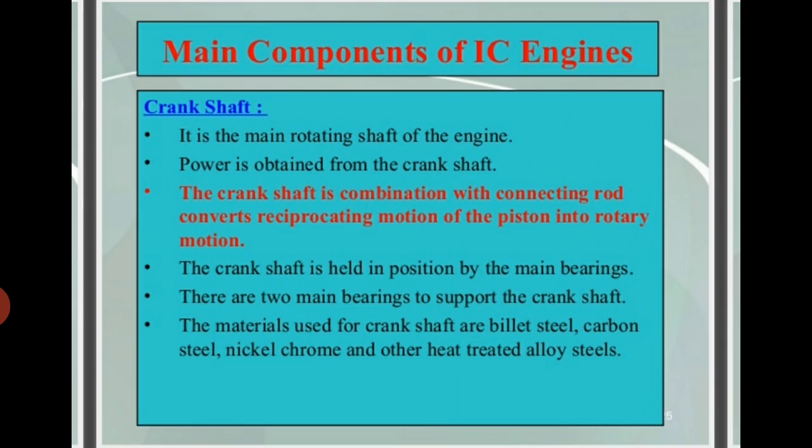There are two main bearings to support the crankshaft. The materials used for manufacturing the crankshaft are billet steel, carbon steel, nickel, chrome and other heat-treated alloys. Basically we use forged steel for the manufacturing of a crankshaft because it bears thrust during the power stroke also. So it is a very important part of our heat engine.